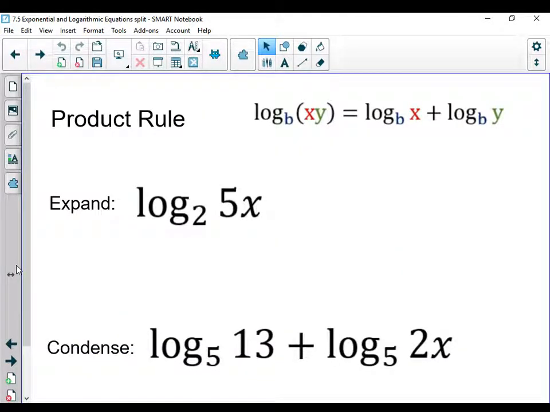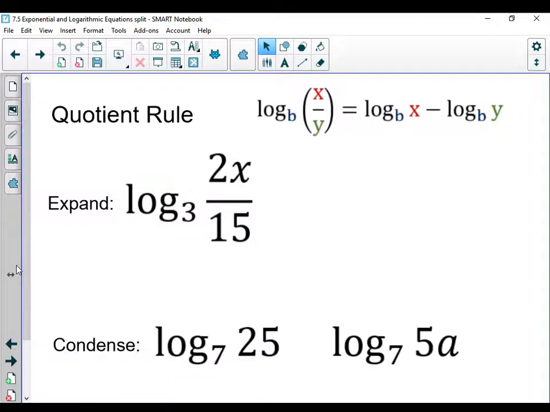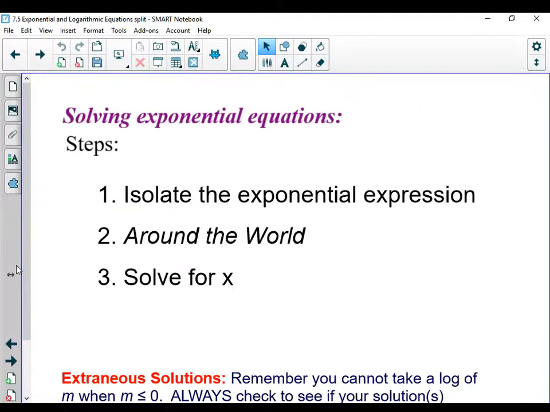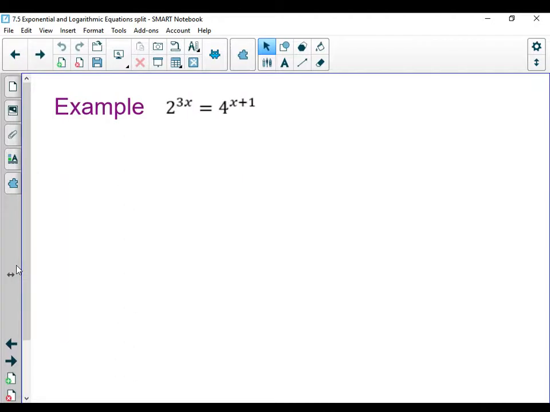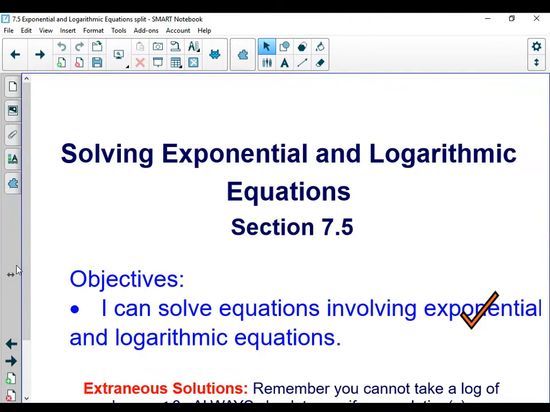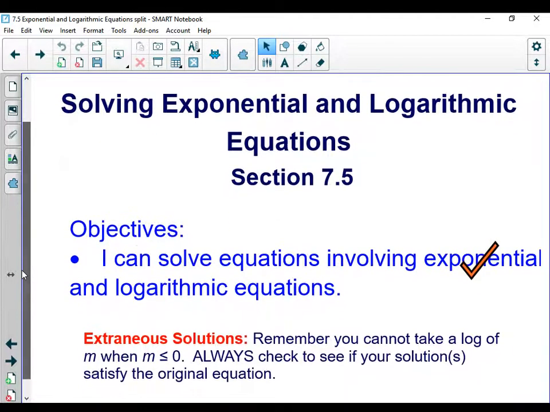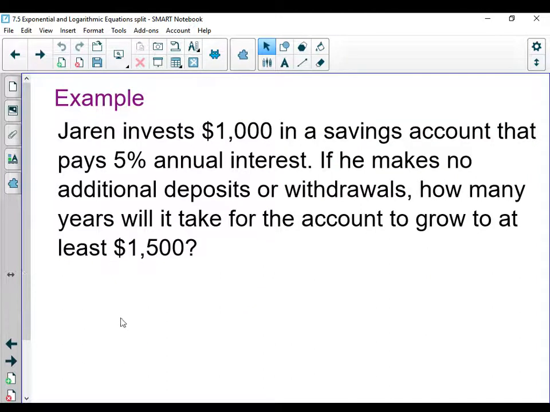All right, so we went through our product rules, the quotient rule, power rule, and all that. So, from yesterday and from when we started this chapter, go ahead and set up this problem.